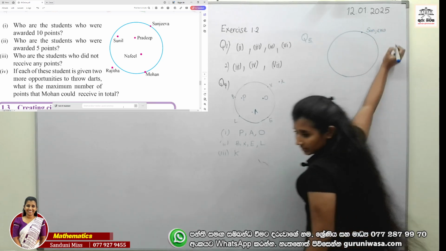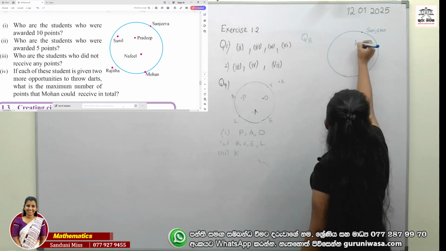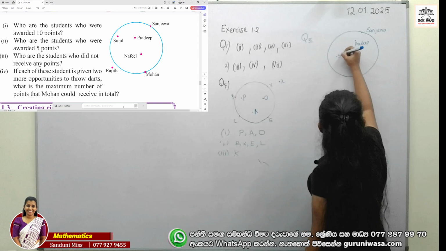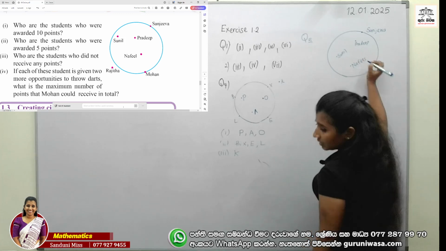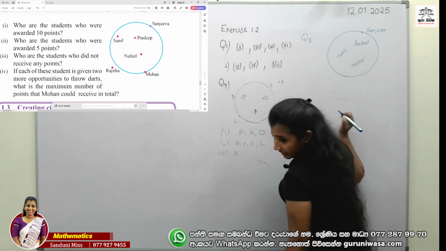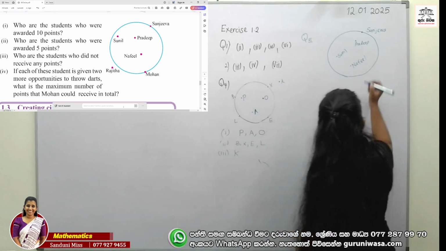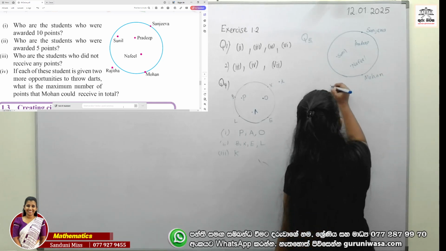What else? Pradeep, Sunil, Nafil. Then we have Rajita and Mohan. Mohan is here. And we have Rajita.